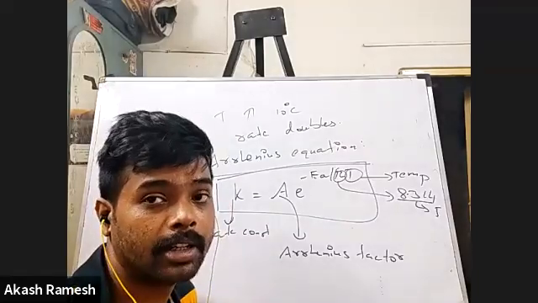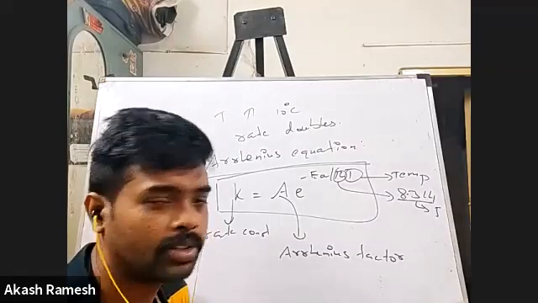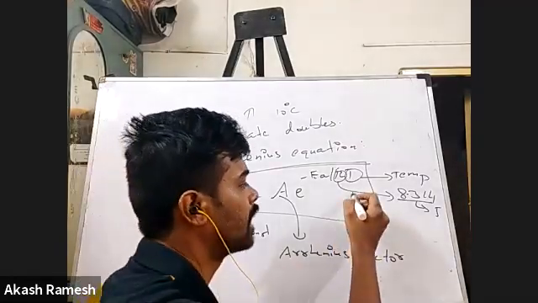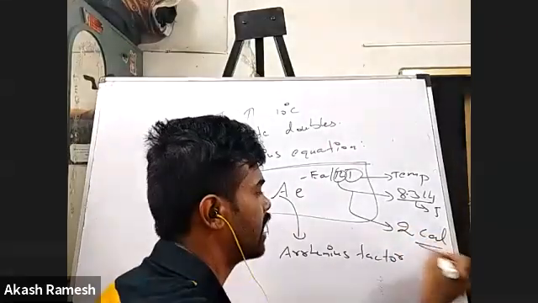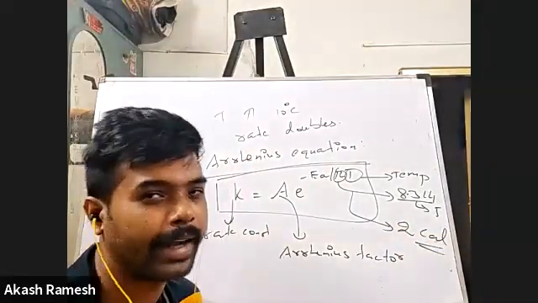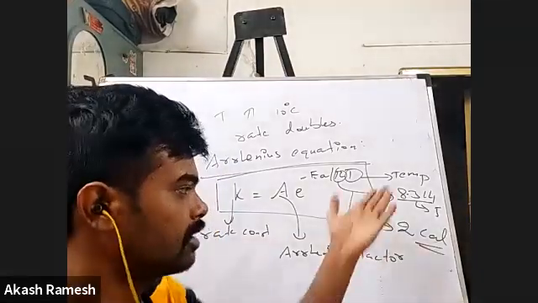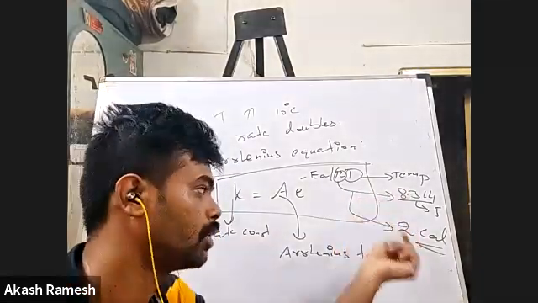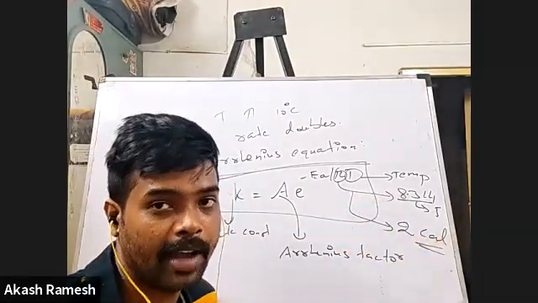Sometimes, very rarely, they can ask for the answer in terms of calories, which is also a unit of energy, just like joules. In calories, the R value is 2 cal. But again, 99.99% they might not ask you. It's easy to remember: 8.314 in terms of joules and 2 in terms of calories. These are the R values.